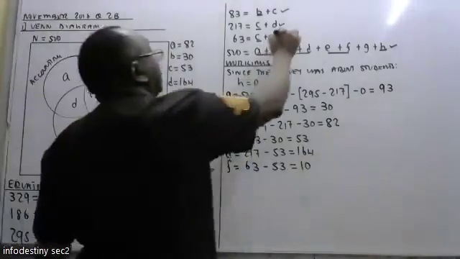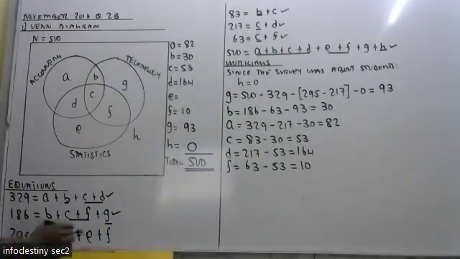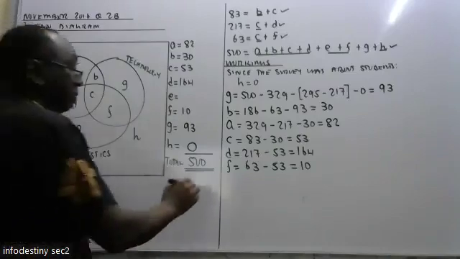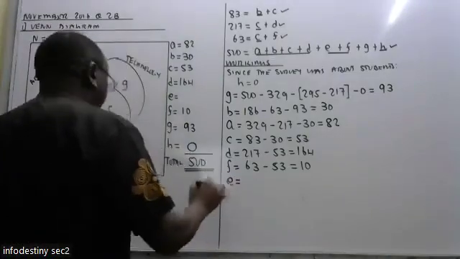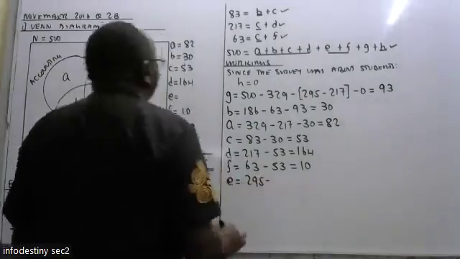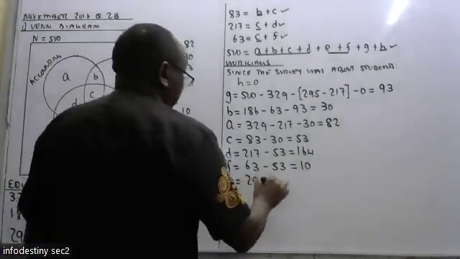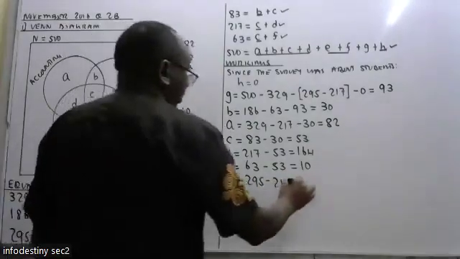These are the three steps. Then I finally come back here where I also know F. And I'm able to say E is 295 minus CD, which is 217, minus F, which is 10.